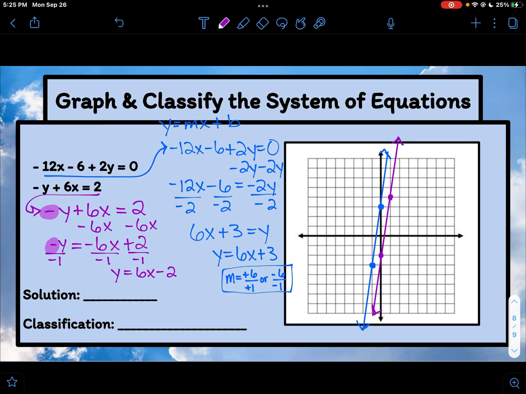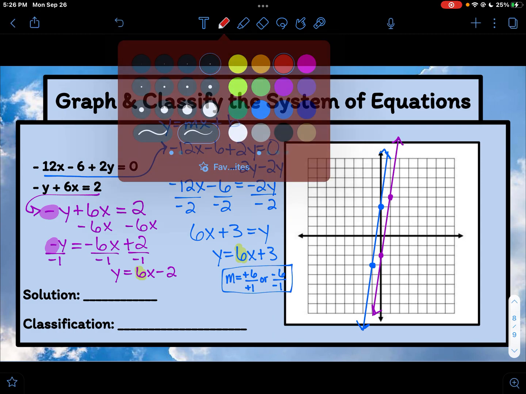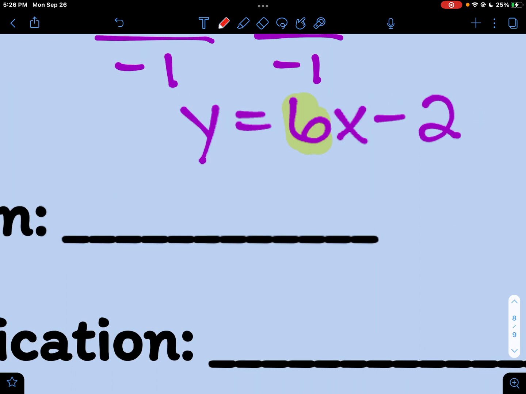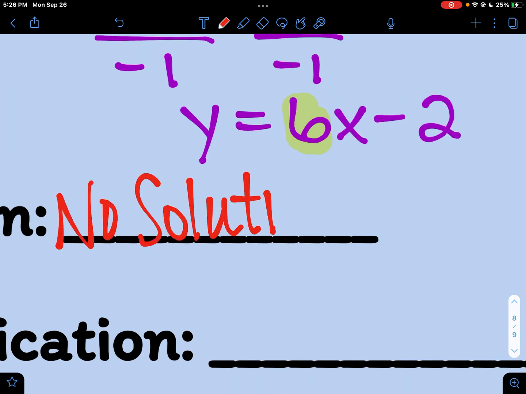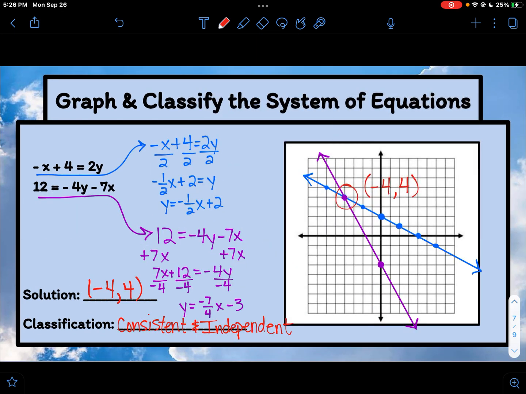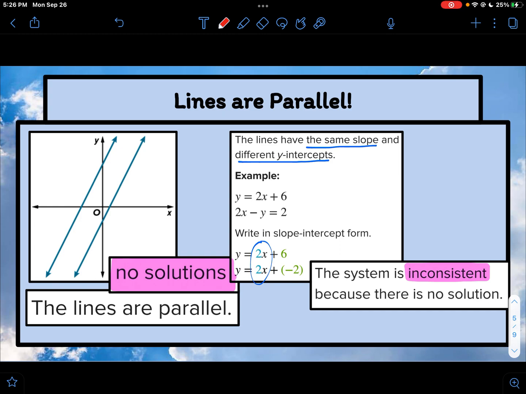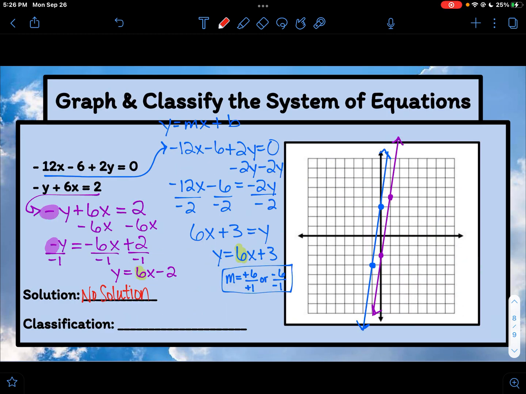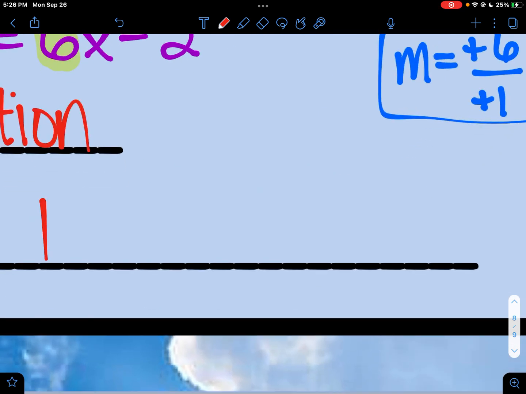Okay, all right, so ding, ding, ding, we have parallel lines. The slopes were the same. So that means there is no solution. And pretty sure I remember, yep, it's an inconsistent system.